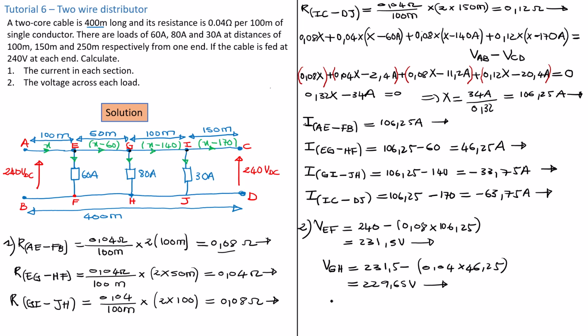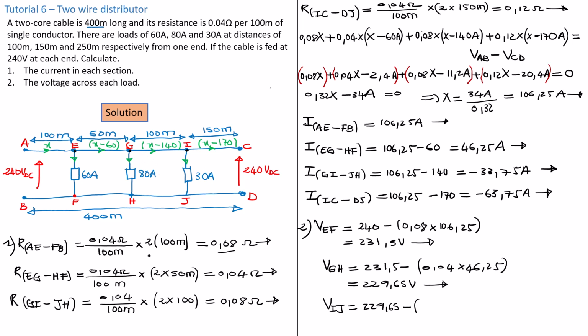So for that, we're going to say V_IJ is equal to what? 229.65, because that is the voltage at GH, minus the resistance on this section.